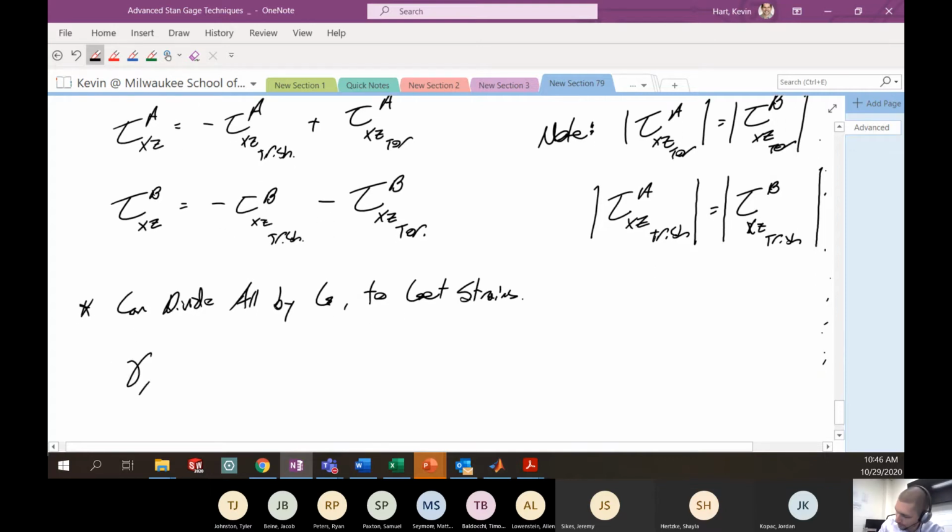So here we have the shear strain at A is... I just drew it as stress.